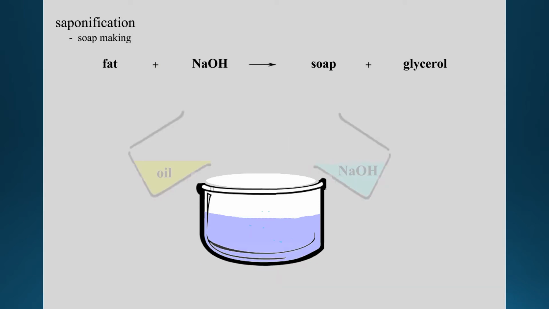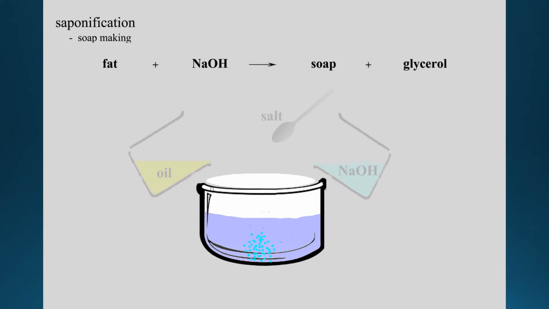Then you let it cool down, and now this is the soapy water. Now you add a spoon of salt. Once you add salt, you will start to see precipitation.